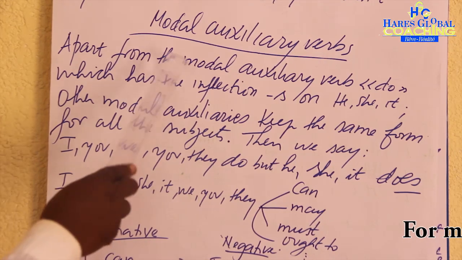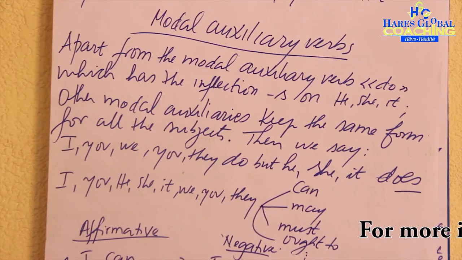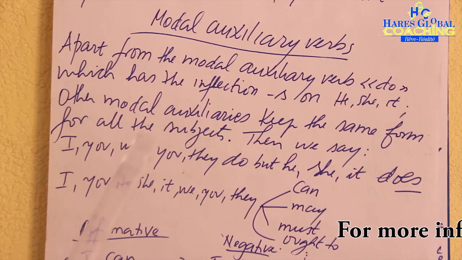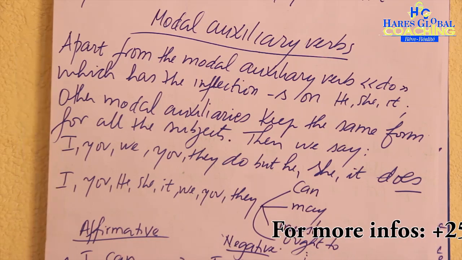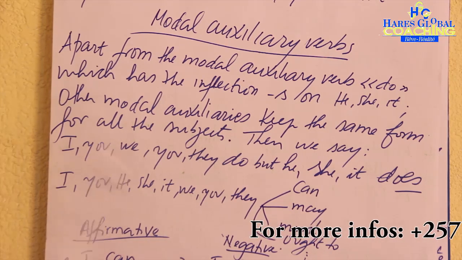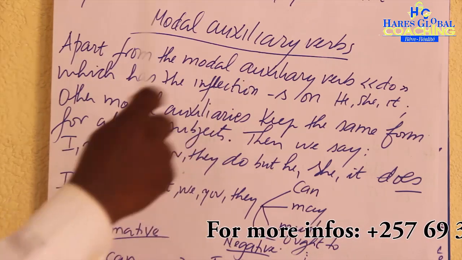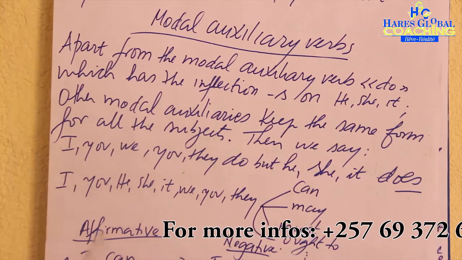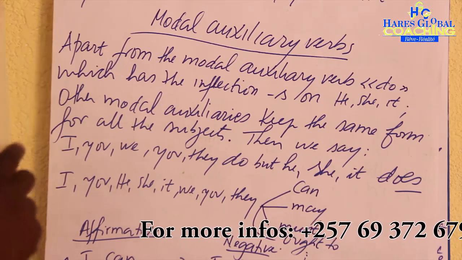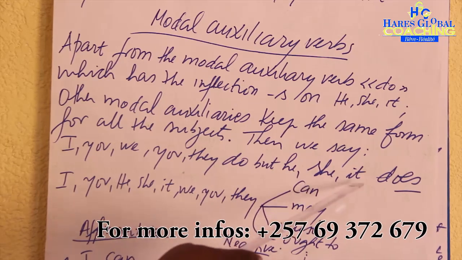Next, let's go with modal auxiliary verbs. In English, we don't have many modal auxiliary verbs. They are listed, which means there is a list for this. But what is common for the modal auxiliary verbs? All of them, except one, in simple present tense with the subject he, she, it.